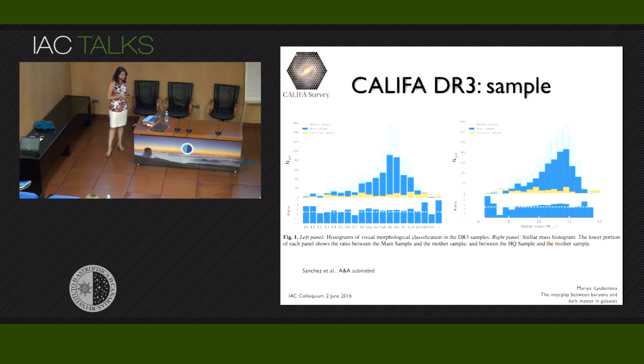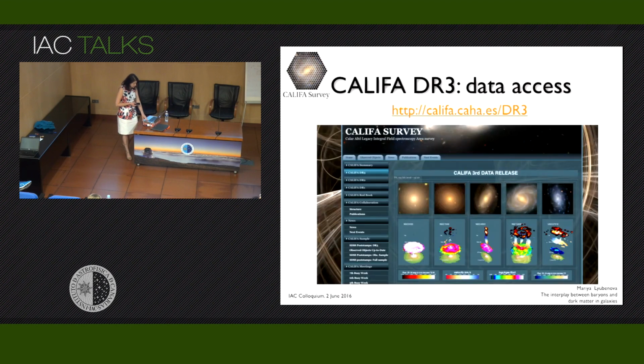So these are additional galaxies which do not fall in the completeness of CALIFA. Here is the distribution of stellar masses, and again here are the mass ranges 9.4 to 11.4, where we have a very good coverage, and we are complete in a statistical sense.